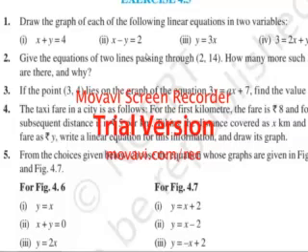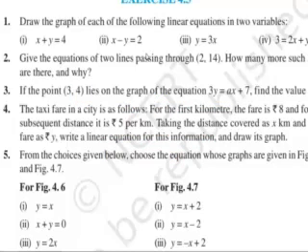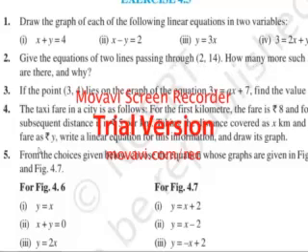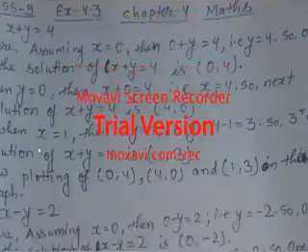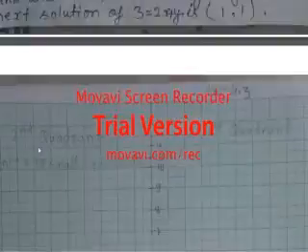Even we can say y minus x is equal to 12, or even we can say y is equal to 7x. Many equations can be there. So I had written 2 line equations and I had given the answer also. This is not related with graph, so you can see the solution here.